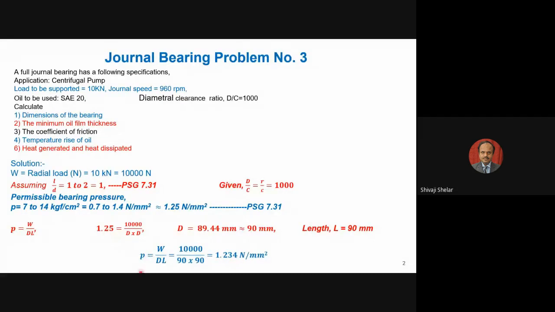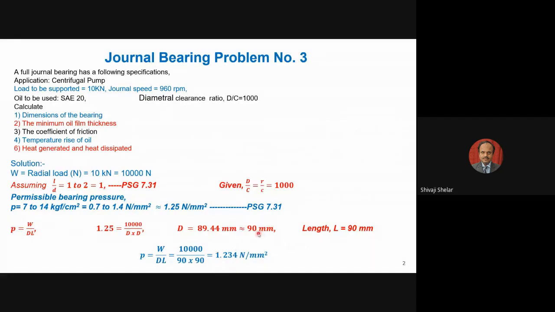Now the actual bearing pressure is 1.234. This value should be less than the permissible value. It may happen that you get a value of say 86. When you select 86, you may take 85, no problem. By taking 85 and 85 here, this value again should fall in this range.